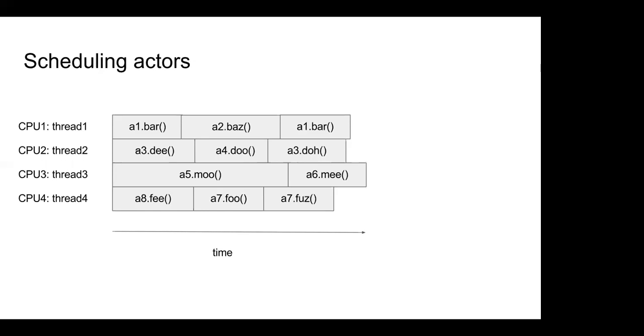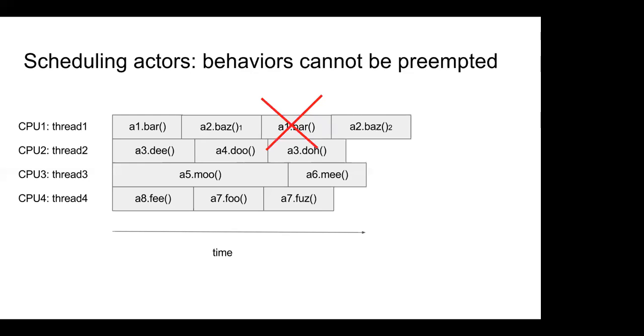As you can see, we've got A1 bar running consecutively with A3D, which runs consecutively with A5 mu and A8 phi. And then these things can run at their own pace. Actors are assigned to a thread, so they have a home thread. But if a particular thread doesn't have anything to do, it can see if there's any more work to be done and do that work on behalf of another thread.